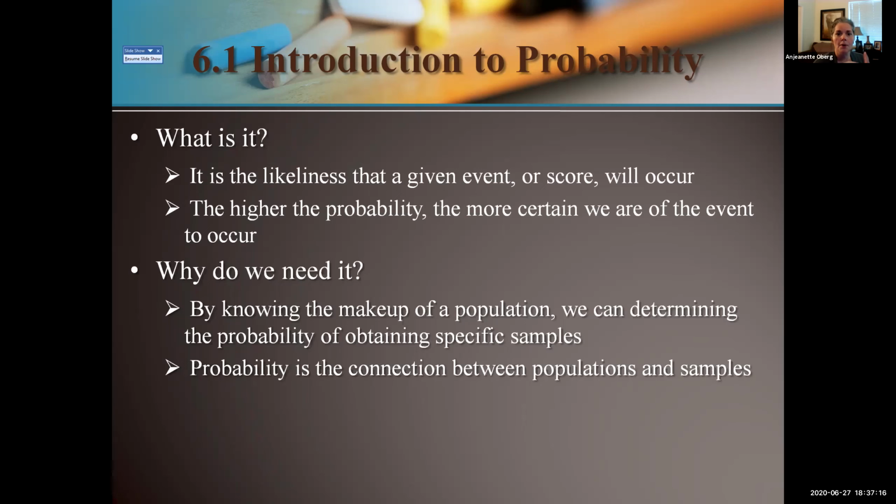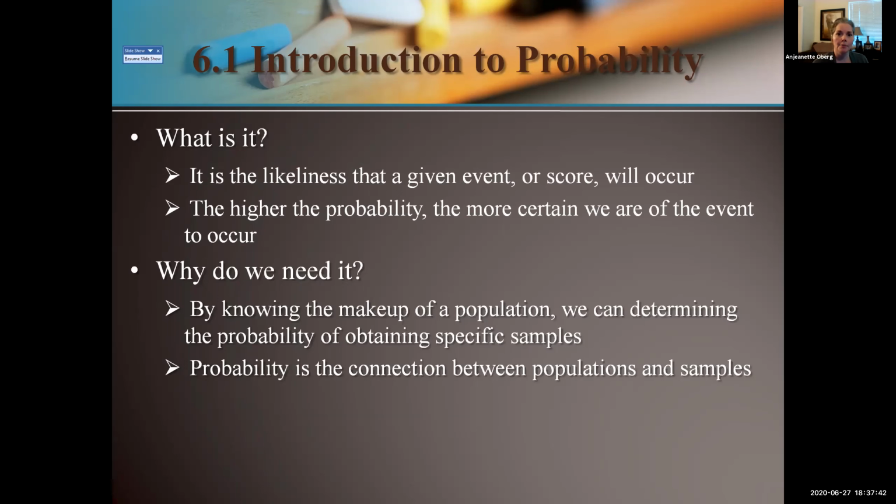So probability is definitely related to the z-score, but probability and proportions all go hand in hand. Probability is the likeliness of a specific event or occurrence in the context of research. What's the probability that their score will fall in a certain location on the normal distribution chart?